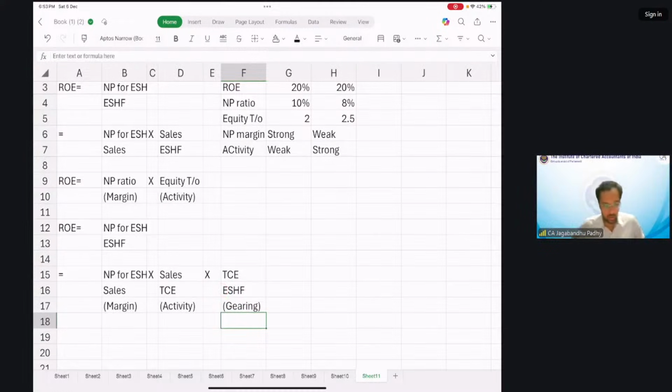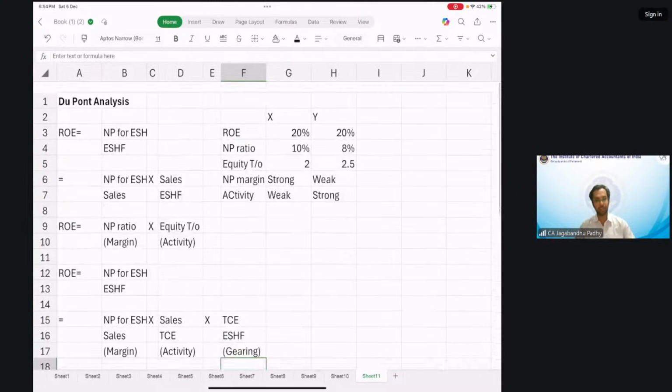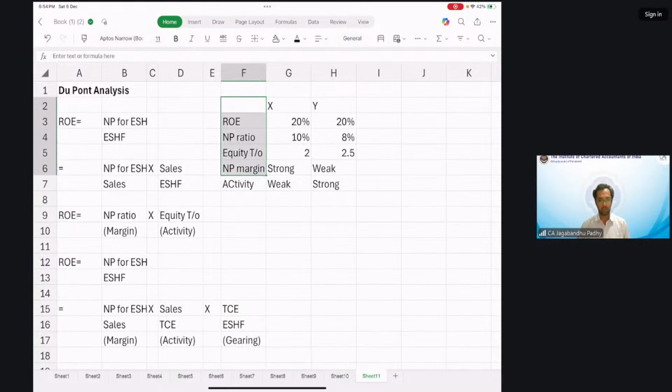So return on equity will be net profit for equity shareholders upon sales, multiplied by sales upon total capital employed, which is the activity ratio, and total capital employed upon equity shareholders funds, which is gearing. So these are the three different parameters that we can think of from the company performance point of view.